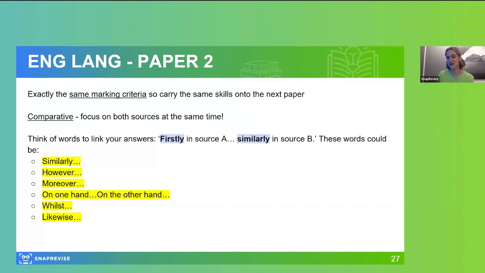So I always say, if you write something about source A, have a couple of sentences where you analyze that, and then the next thing you talk about source B. So always have it in a balance.